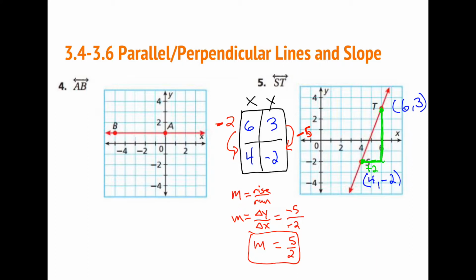I go over 2 spaces, and my rise is going to be a +5. I go up 5. So my rise over my run would be 5/2, which is exactly what we have right here. So both of those are very similar. The table is just putting it in a table form, and the slope triangle is just looking at the graph.